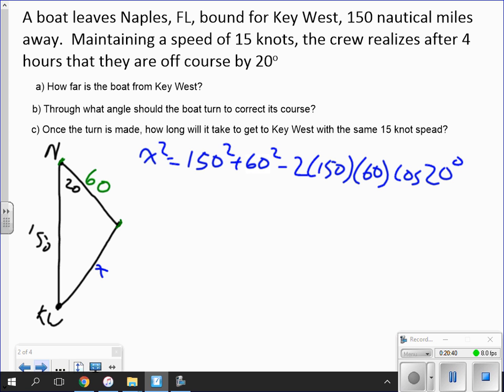That would give us the third side of the triangle, the one that's not between the two sides. That's what the law of cosines will do for us. And we figure out that they are 95.8 nautical miles away.